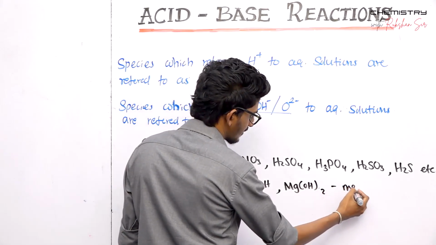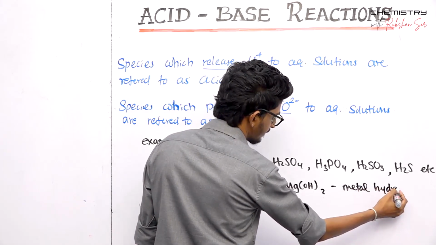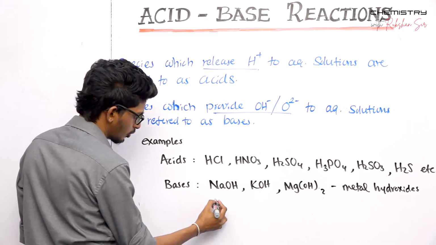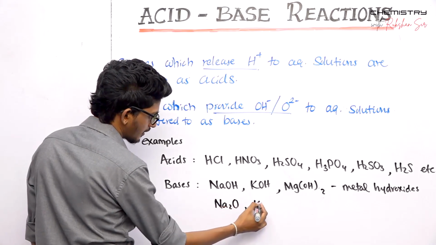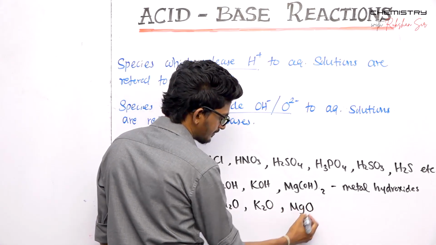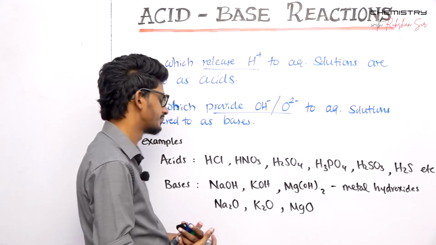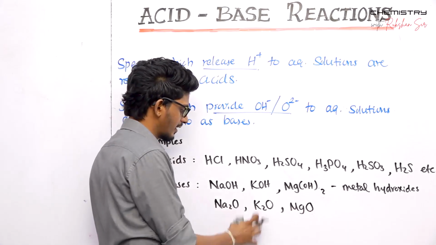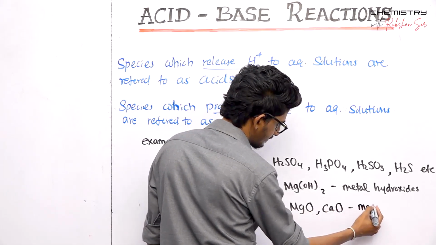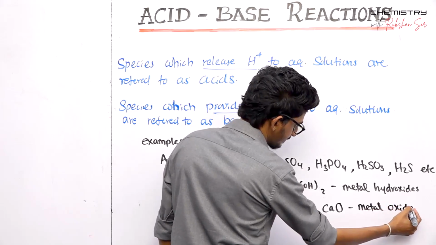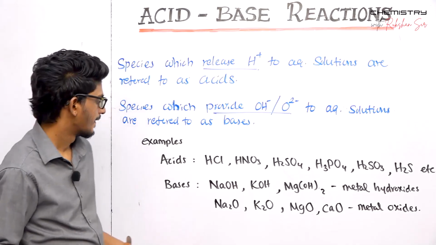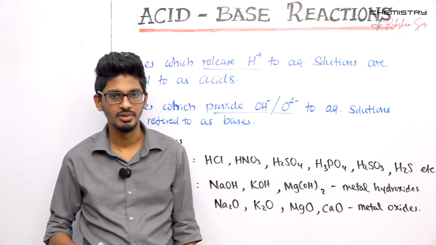So basically metal hydroxides can act as bases, as well as metal oxides: sodium oxide, potassium oxide, magnesium oxide, calcium oxide. So metal hydroxides and metal oxides can act as bases. These are the simple acids and bases.